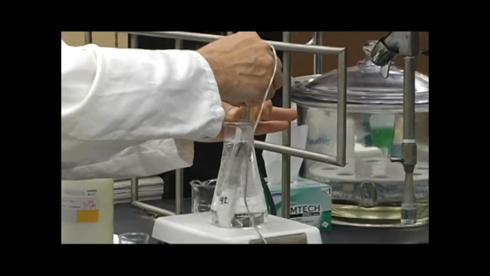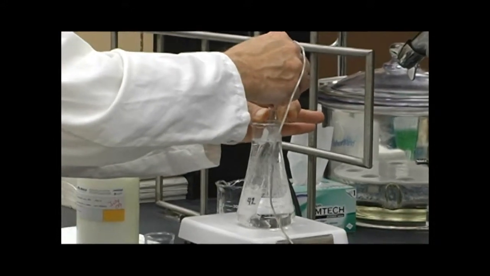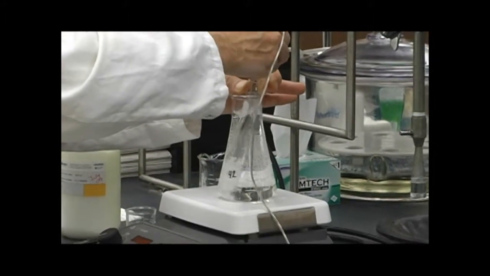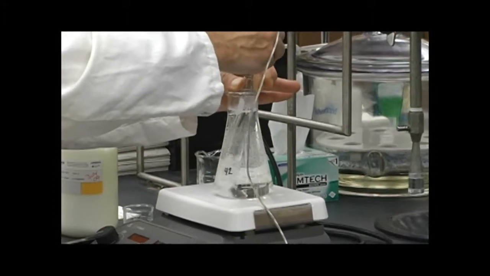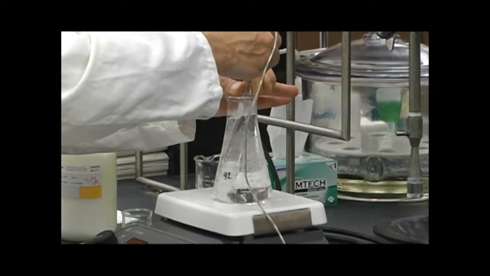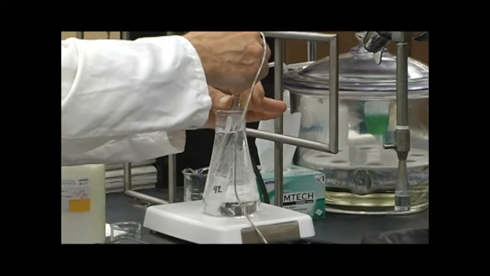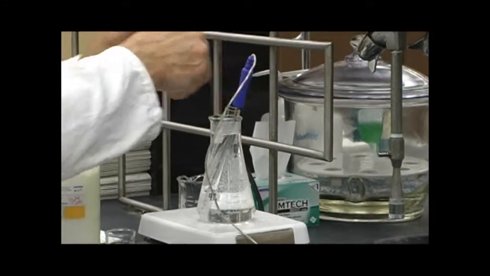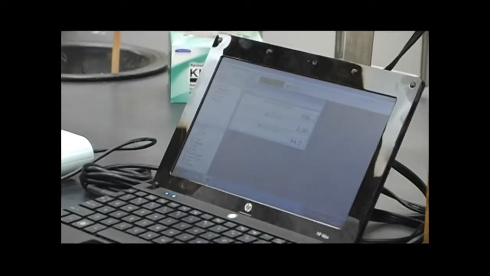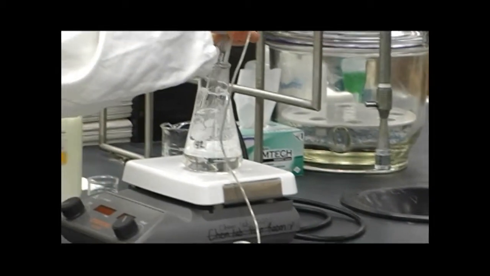So you want to raise the temperature of the melted lauric acid to about 60 or so degrees, because the higher the temperature, the longer it's going to take to freeze. So you can push start, and we see that it's already at 44 degrees.